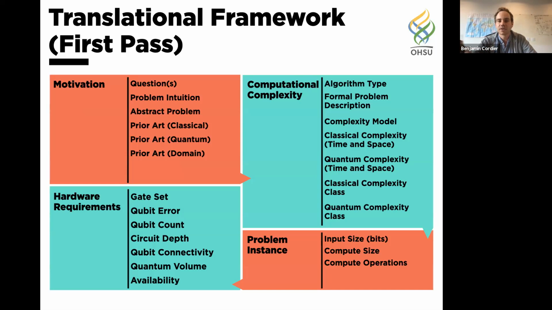Then we'd go through and look at the complexities of the classical algorithms that are available, the quantum algorithms, and what classes we could expect them to be in. And then we considered how we would make a minimum meaningful example of that problem to demonstrate a proof of principle, and how we would map this to a hardware device, specifically a quantum computer.